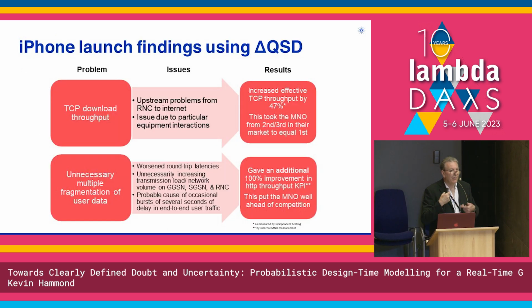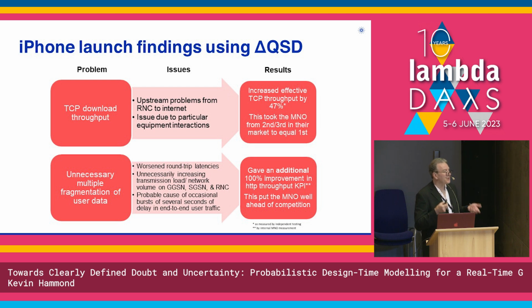Here's a summary of some of the findings that they made. There's more described in the paper. One of the key problems is to do with TCP download throughput, and this was caused by upstream problems from the RNC to the internet, and it was due to particular equipment interactions.